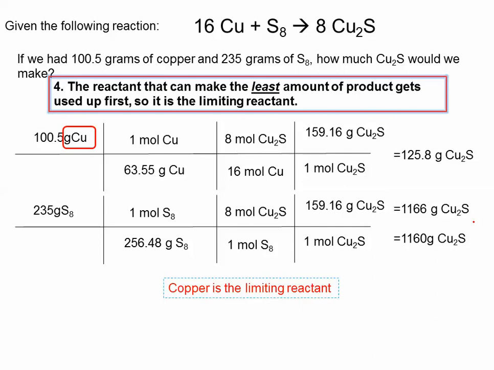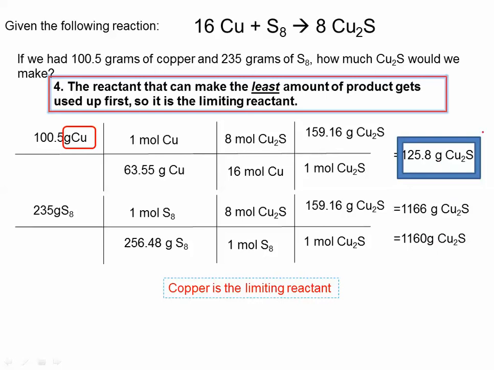Now, the reactant that can make the least amount of product gets used up first, so it is the limiting reactant. If you look at this, this reactant produces the smallest amount of copper sulfide, 125.8 versus 11,060 grams.